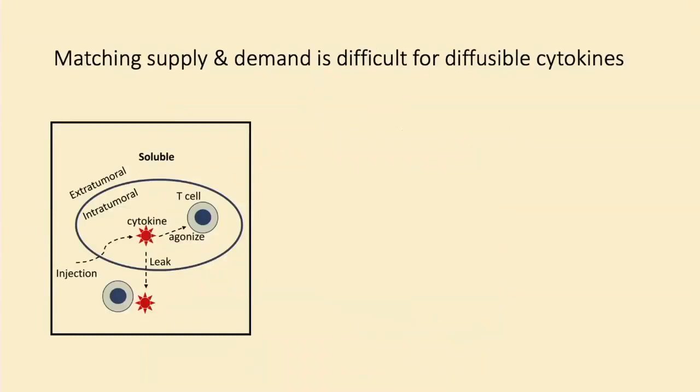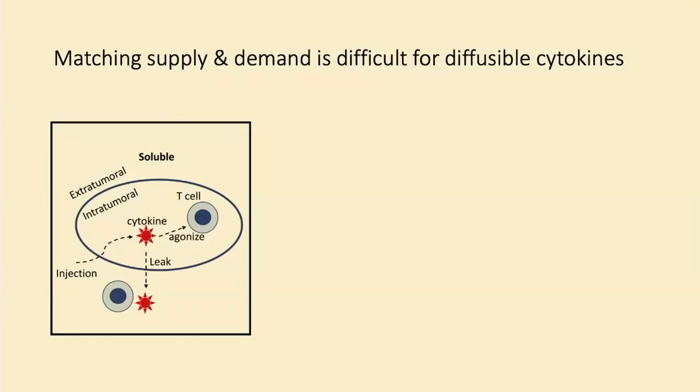So part of the problem with any approach that has a diffusible cytokine is this kinetic competition between leakage and consumption. There's a term of art, target-mediated drug disposition, TMDD, which is how fast your target cell takes up your drug. So the TMDD rate would be this agonism rate here with the T cell that sees the cytokine of interest.